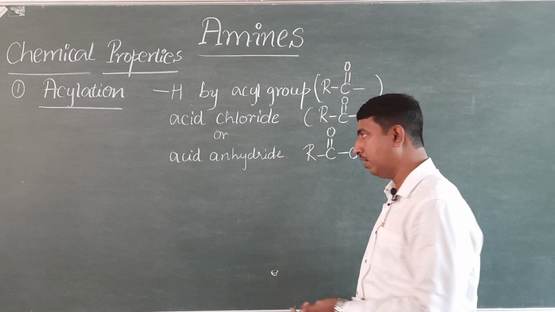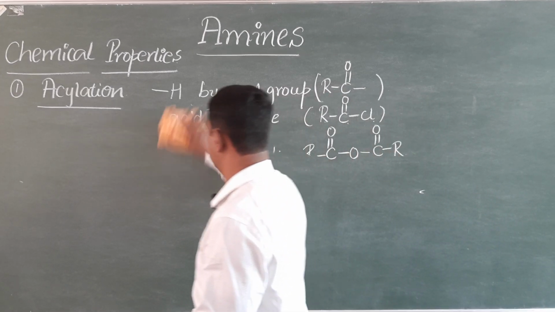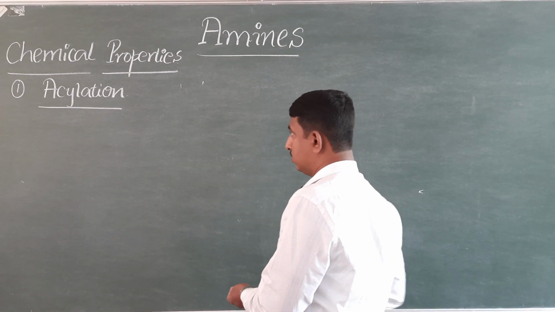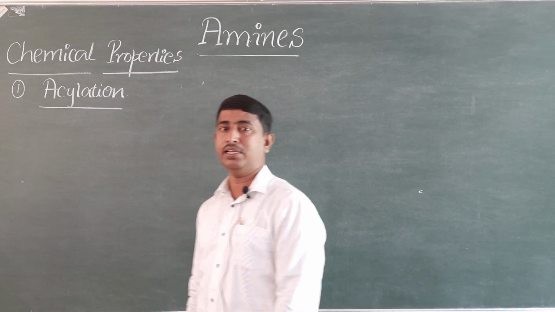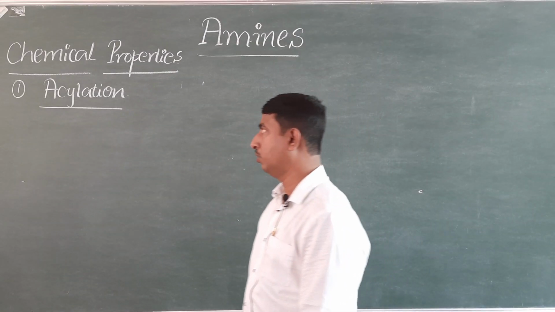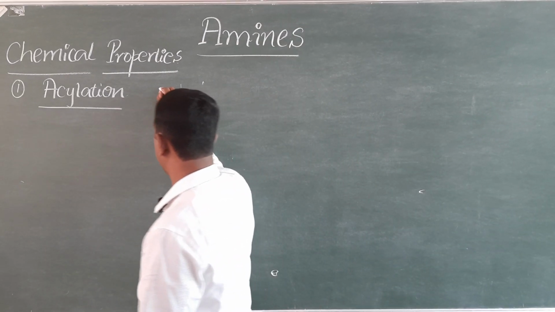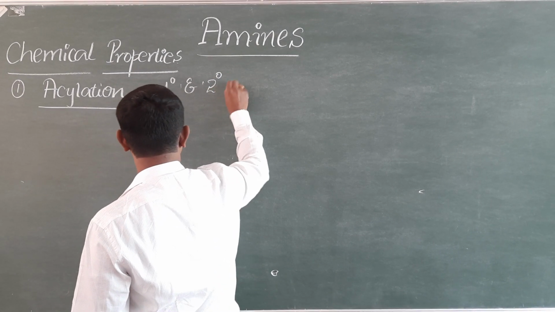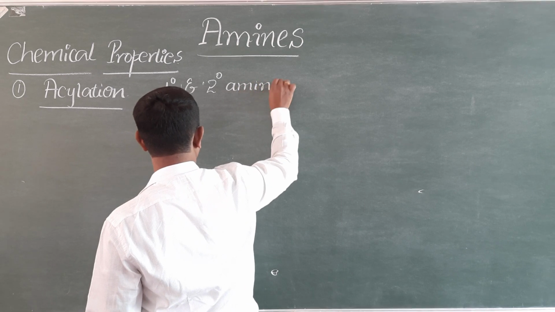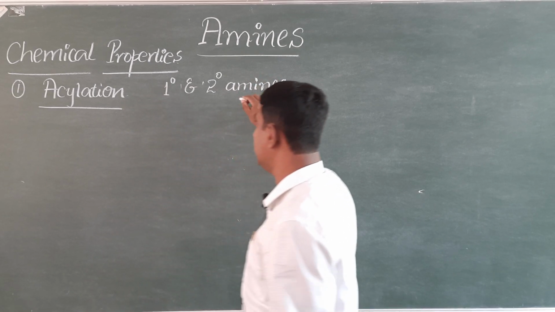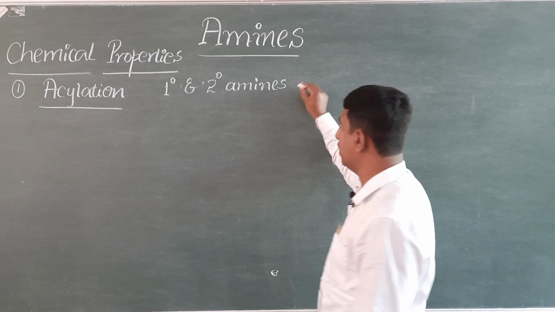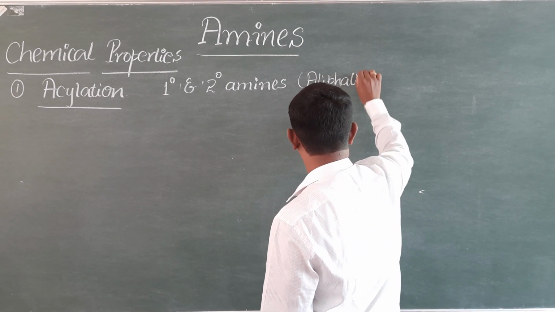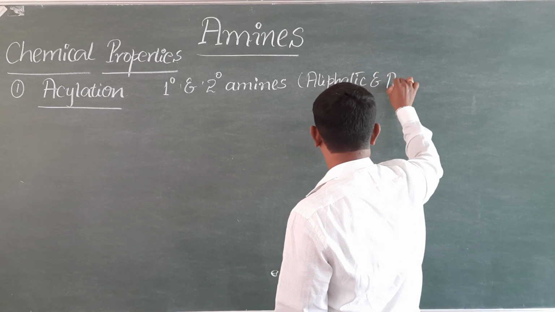Now let us explain the reaction, acylation of amines. Acylation means replacing hydrogen by an acyl group. This reaction is seen only in the case of primary and secondary amines, both aliphatic as well as aromatic.